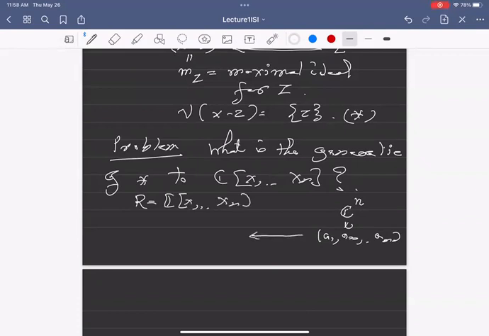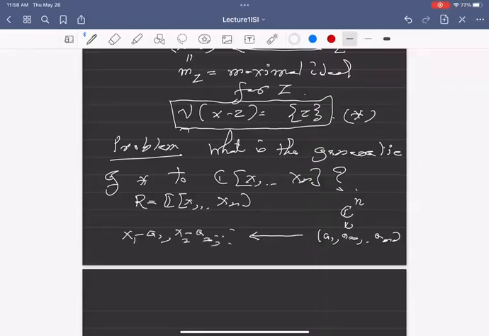So you can just make a guess from the one variable situation. Look at the ideal generated by x1 minus a1, x2 minus a2, and xn minus an. We'll call this ideal MA, where A is this point.